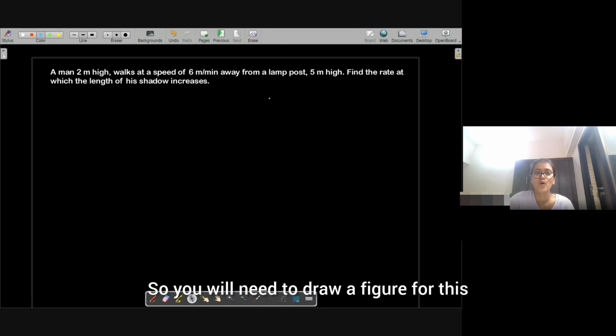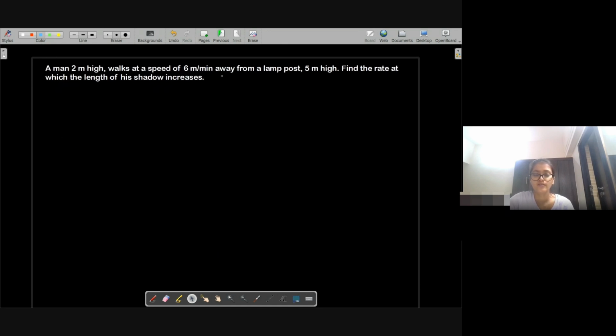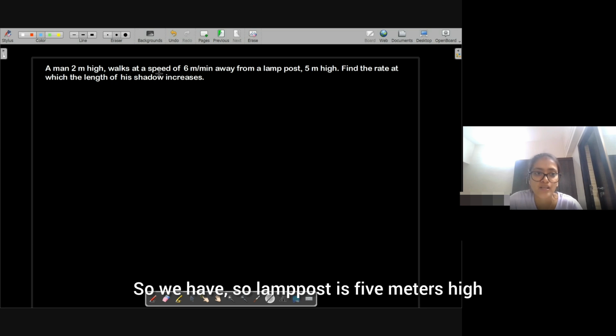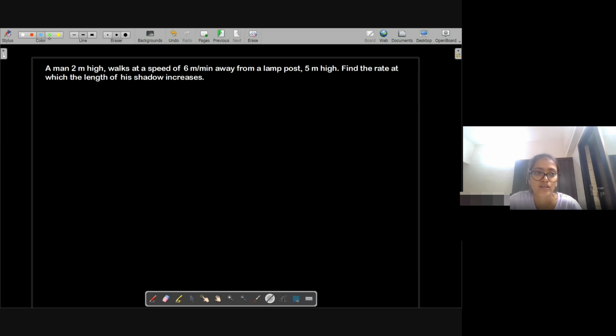So you'll need to draw a figure for this. We have a lamp post that is 5 meters high and the man is 2 meters high. So we can draw a lamp post.